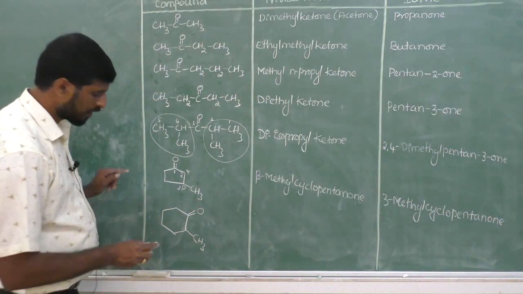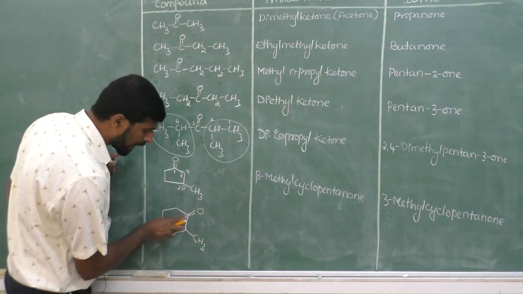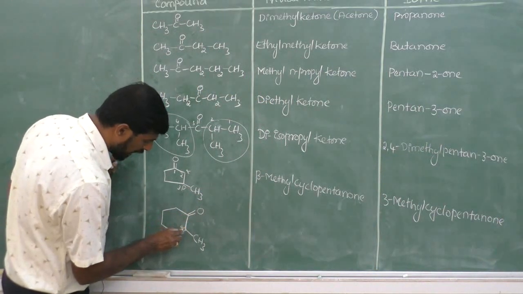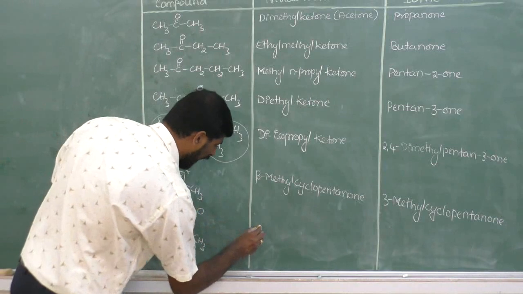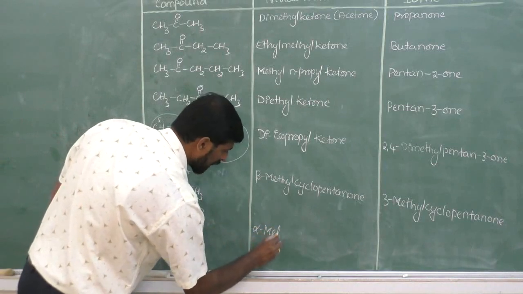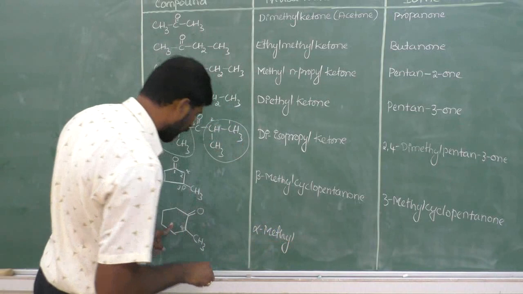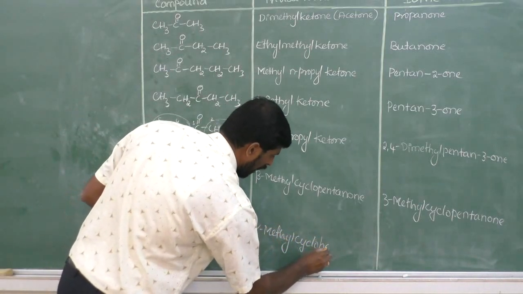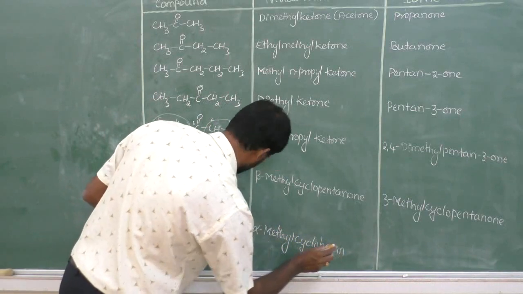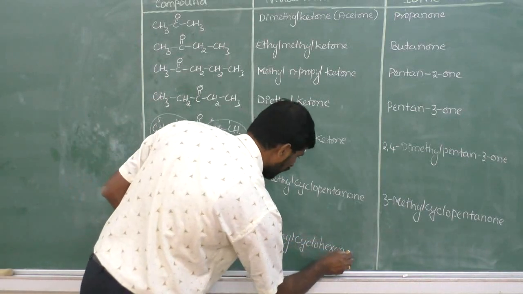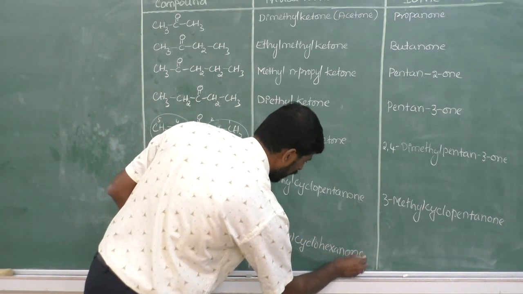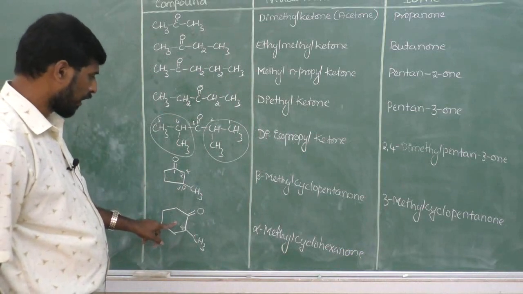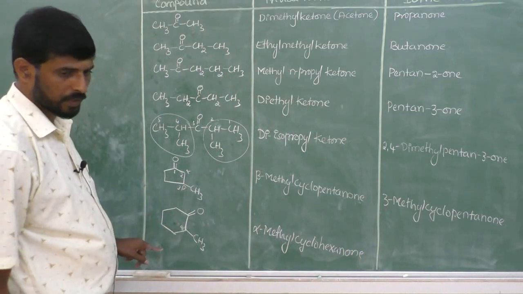Next, come to this compound. This carbon atom is the functional group, that is a CO group. The next carbon atom is alpha. Therefore, it is alpha-methylcyclohexanone.